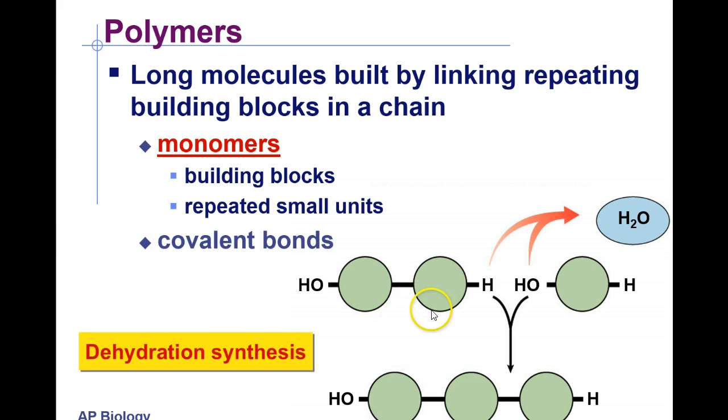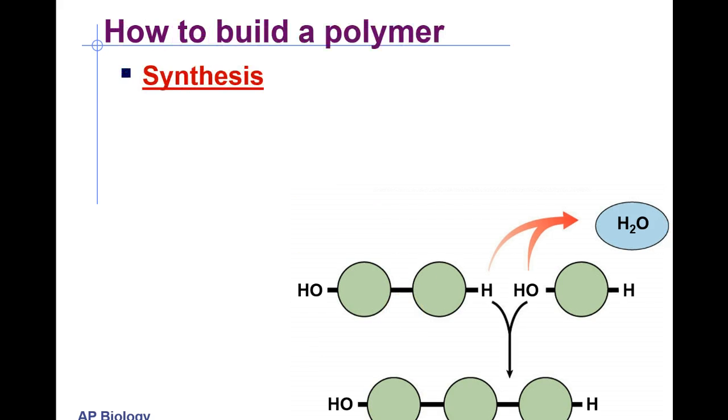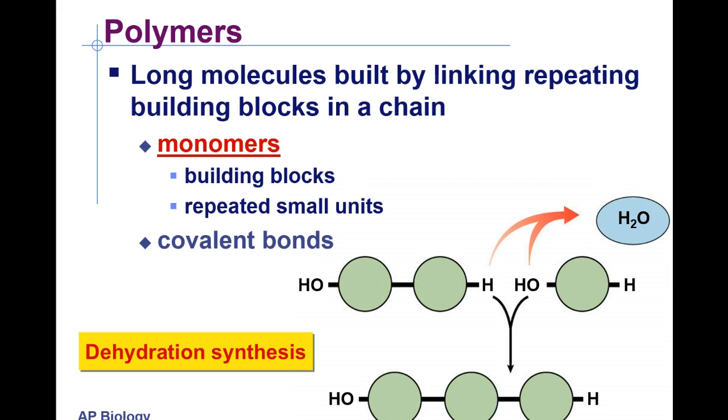We learned in last chapter that bonds form between molecules. These lines between the monomers here symbolize those bonds. In particular, these are covalent bonds, which are the strongest of bonds. Remember, that's the sharing of electrons when that happens.